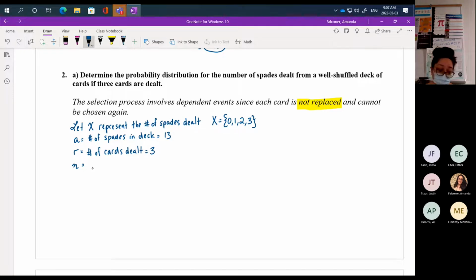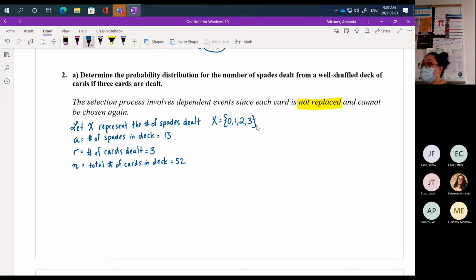And finally, n is the sample size. So how many cards are in the deck? 52, we said. So the total number of cards. And that's 52. So those are all the little variables that we're going to use in this probability distribution.